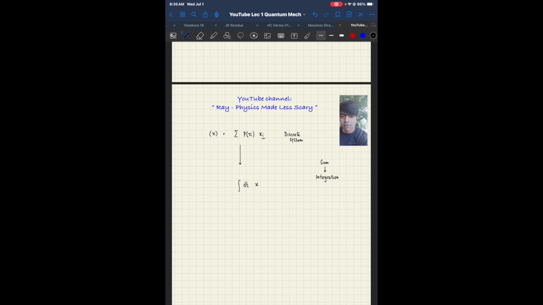x variable, psi(x,t). This is the, so in quantum mechanics, this is the expectation value of x, say.